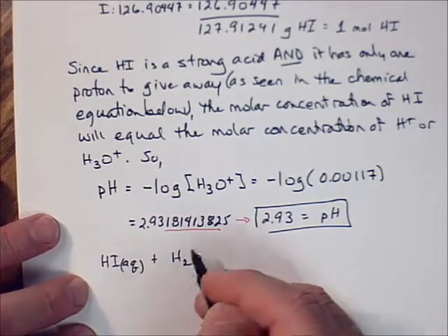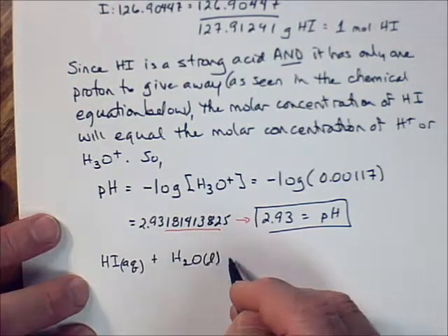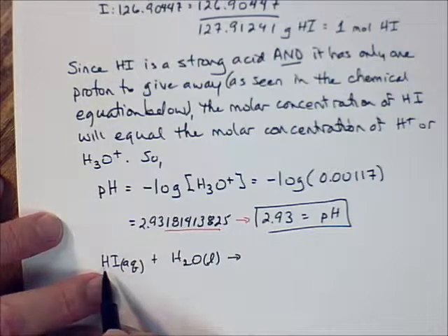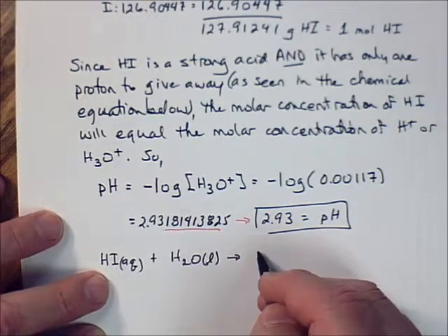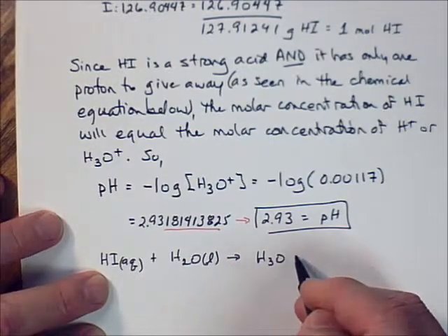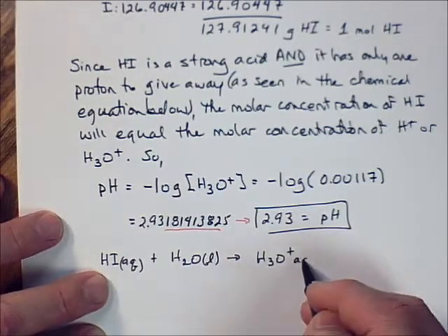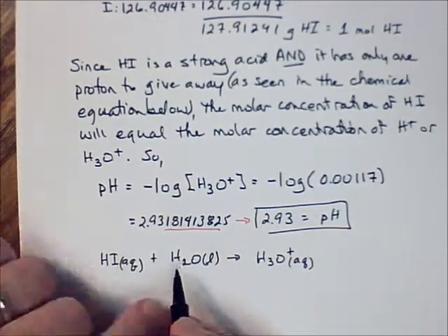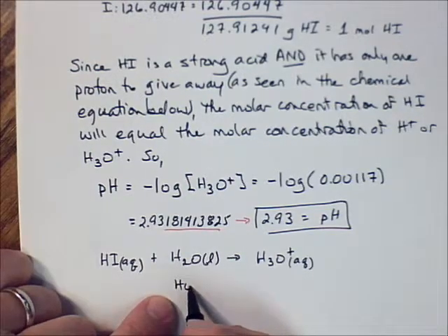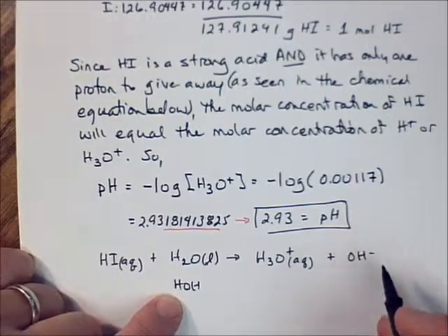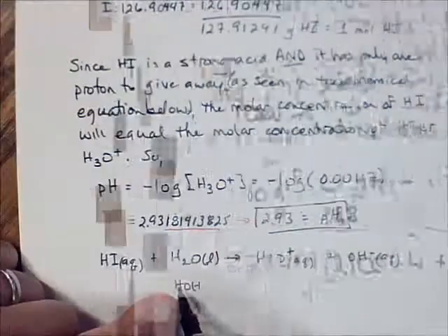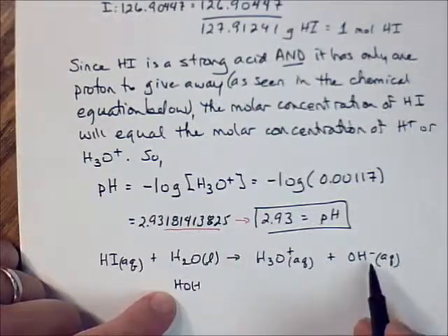We're going to use the Bronsted-Lowry equation. The hydrogen ion comes off and joins up with the water. The water can be written as HOH, so we take one hydrogen off, and what we have left is hydroxide ions.